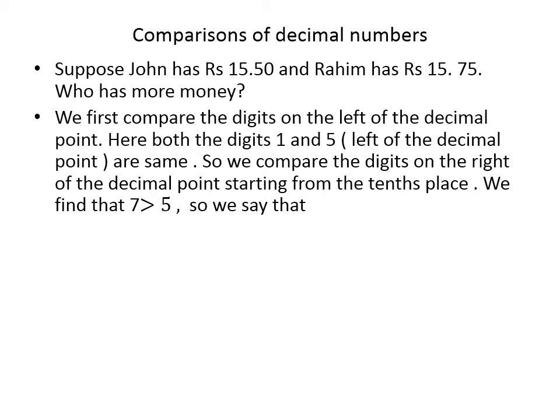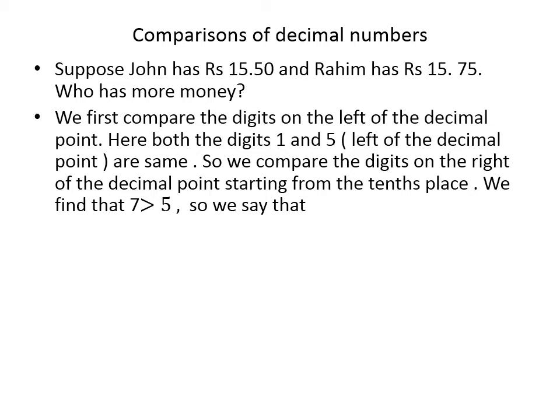If the digit at the ones place is the same, then you compare the digit at the tens place. Again, the digit at the tens place of both numbers is the same, that is here both have the digits 1 and 5. Now what to do?